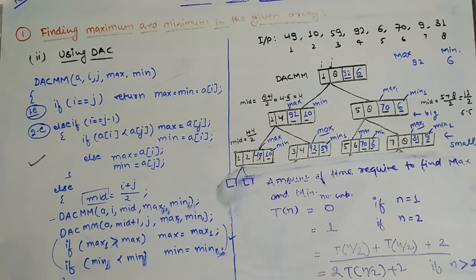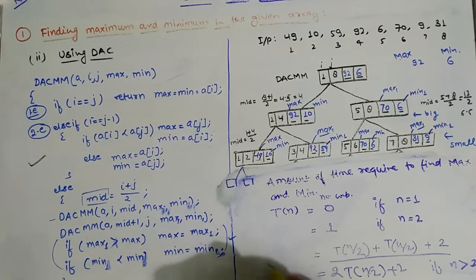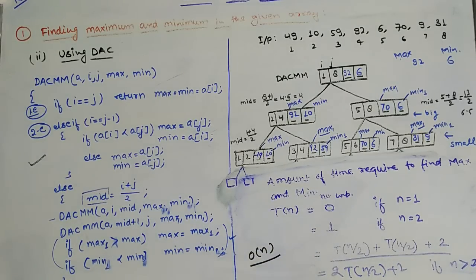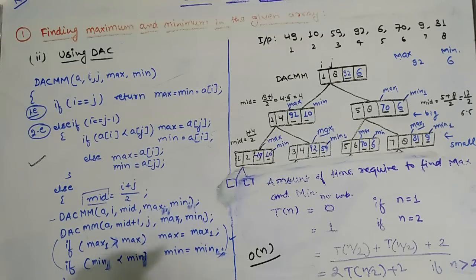What is the time complexity for this type of recurrence relation? This type of recurrence relation gives order of n time. So the time complexity of finding maximum and minimum element using the divide and conquer approach is also order of n.